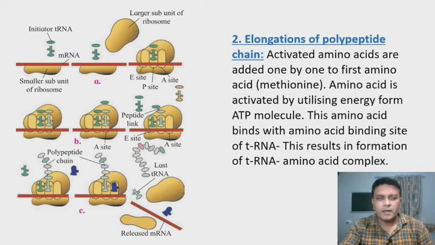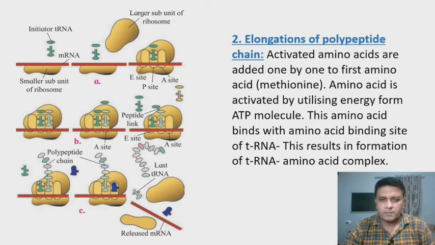Now the second step is the elongation of the polypeptide chain. Elongation of the polypeptide chain means the activated amino acids get attached one by one to the first amino acid, that is methionine, and form a long polypeptide chain.